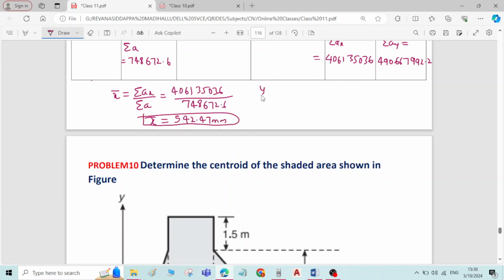And y bar is equal to sigma AY by sigma A, 490,667,992.2 divided by 748,672.6. By this the answer for y bar is 655.38.